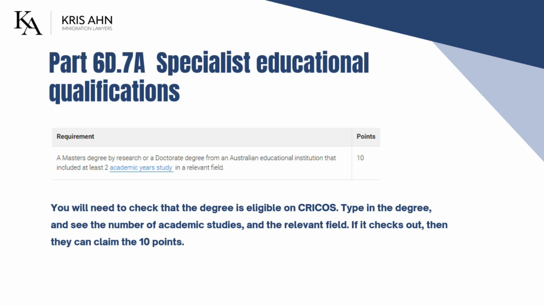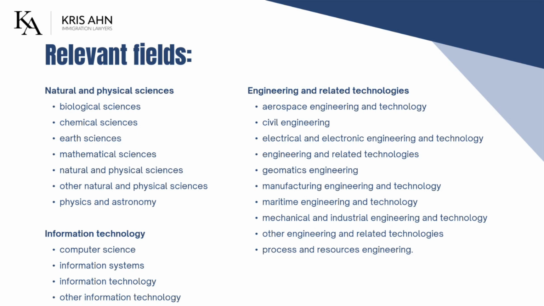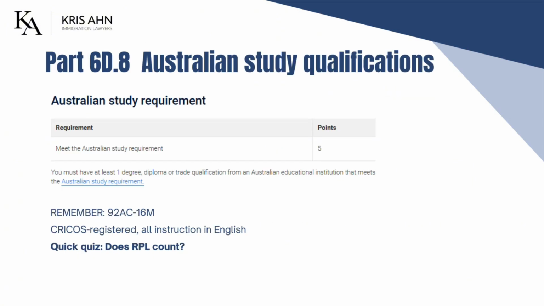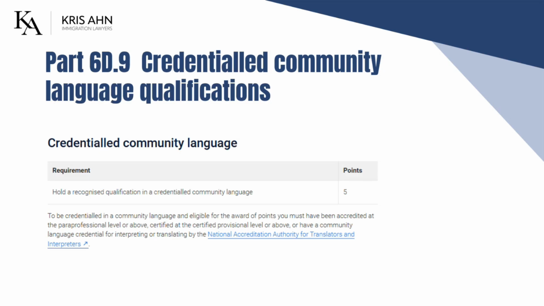Okay, so she gets 10 points. It's also in a category which is relevant. So 10 points for specialist education. Next, ASR. Yeah, she would meet ASR because she's completed that Master of Philosophy, so she can get 5 points on that. Here, she doesn't do NAATI, forget that.